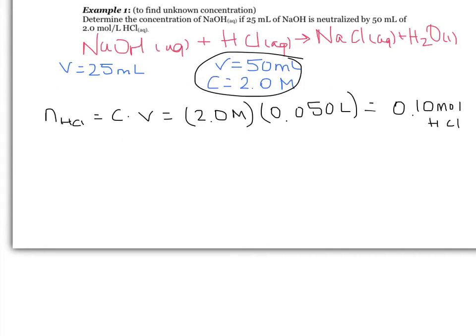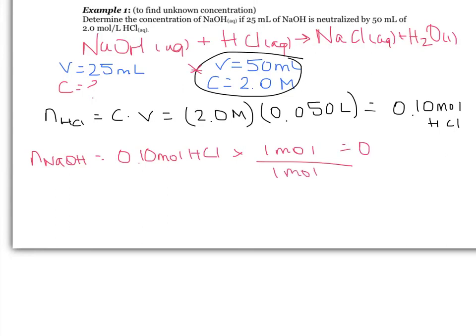To find the number of moles of sodium hydroxide, we have to use the mole ratio, where we have the number of moles given times the coefficient of the required. We are required to find the concentration of sodium hydroxide. That has a coefficient of 1. We were given all of the information about HCl. That also has a coefficient of 1. So we have the same number of moles of sodium hydroxide.